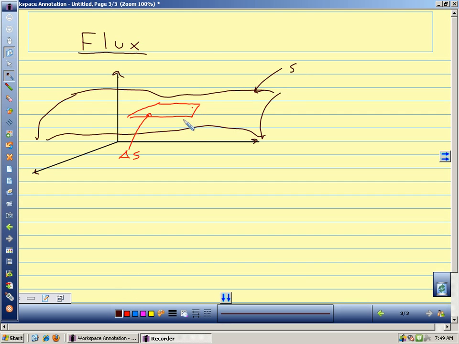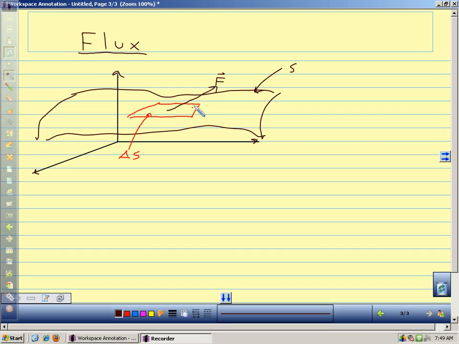We're going to say that we have a vector field, F, defined in our region here. And in this particular small element of area, my vector field is going this way.